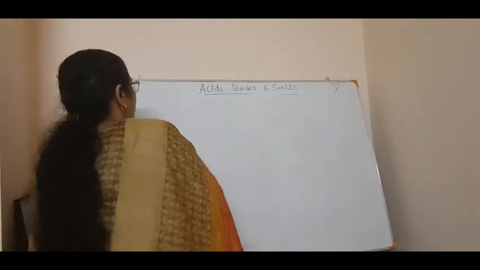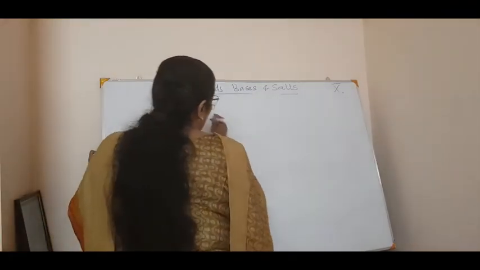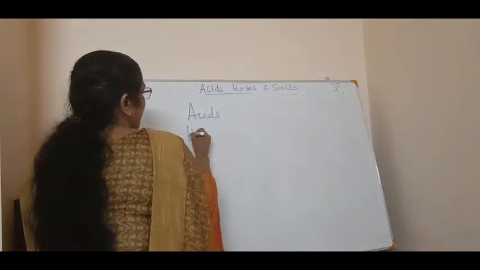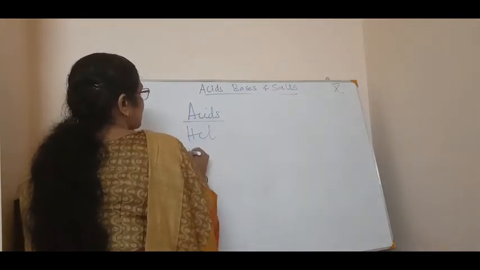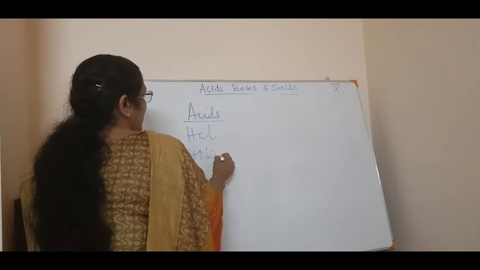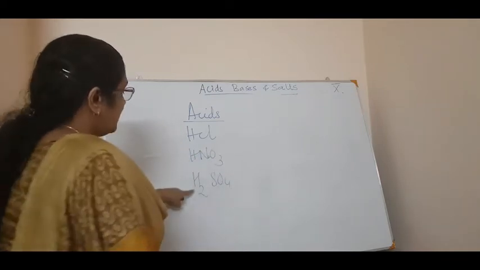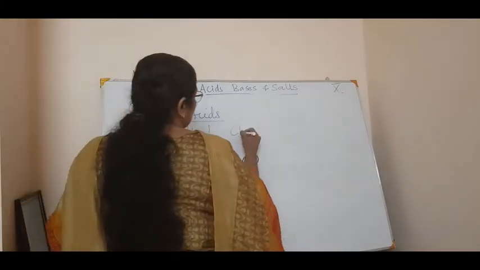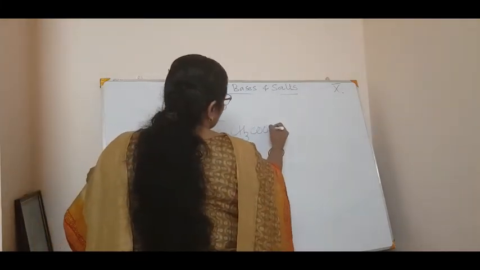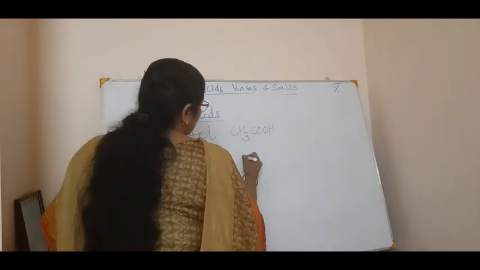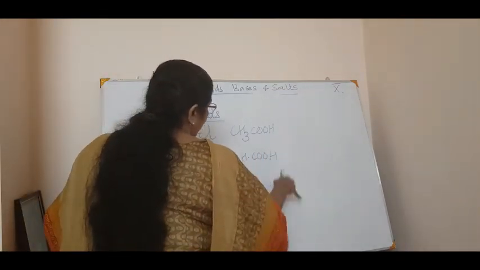For that, we will see some of the acids. For example, HCl is an acid. HNO3, a mineral acid. H2SO4. Then CH3COOH, acetic acid or vinegar. Then formic acid, HCOOH.